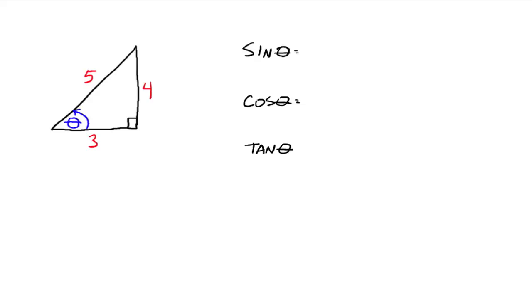So there's your angle theta, and we've got a right triangle. This side's 3, this side's 4, and the hypotenuse is 5. The sine of theta, well, sine is opposite over hypotenuse, so sine of theta is 4/5.